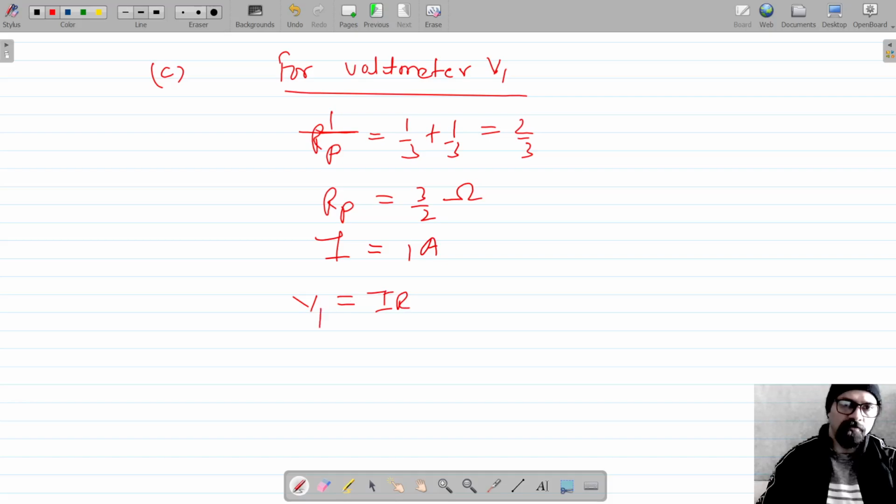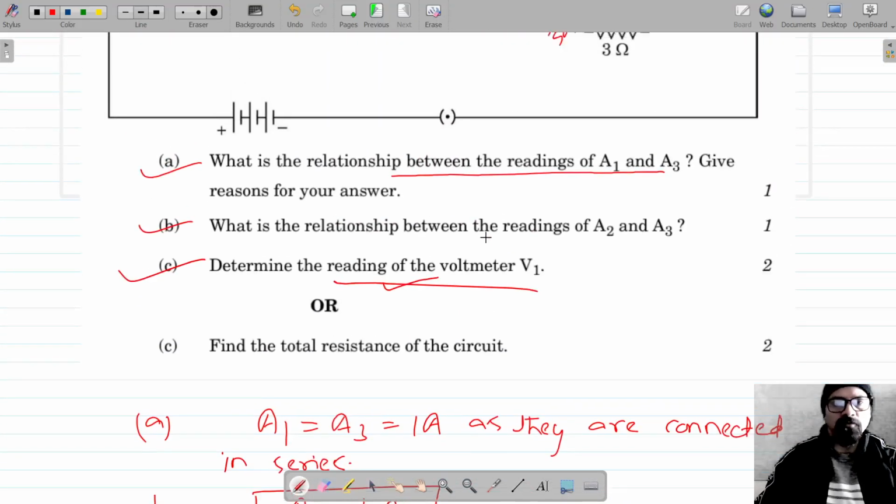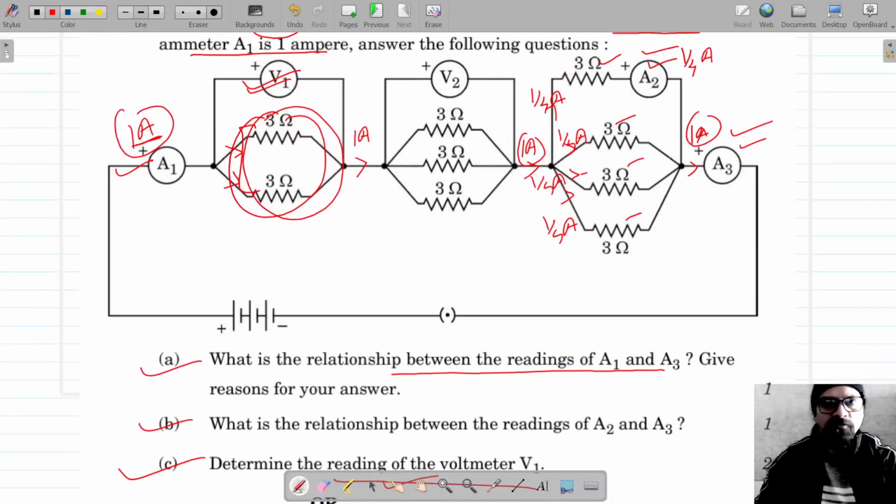So the reading of voltmeter V1 is I, which is 1 ampere, times the resistance, which is 1.5. So the reading of voltmeter V1 is 1.5 volt, connected in parallel across these two identical resistors, 3 ohm and 3 ohm.